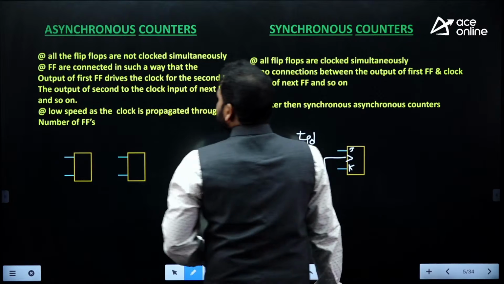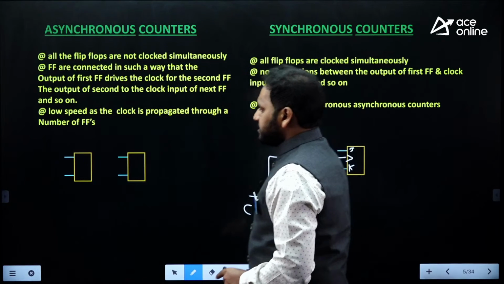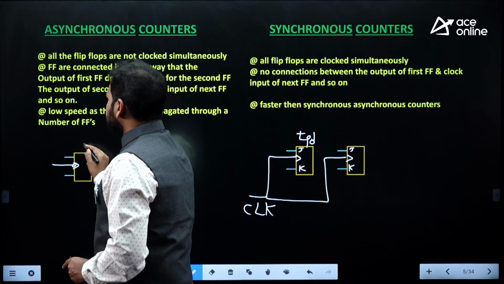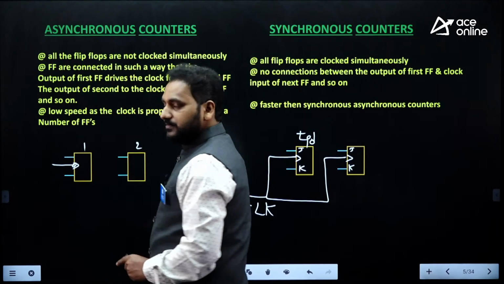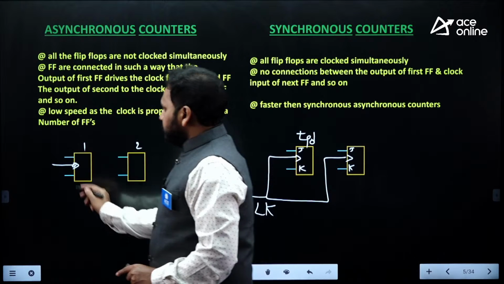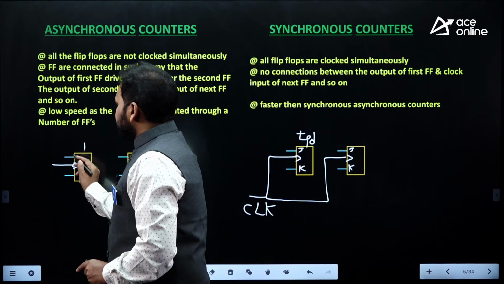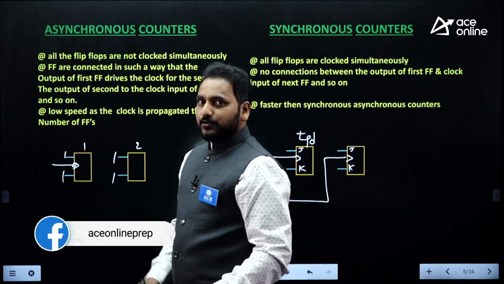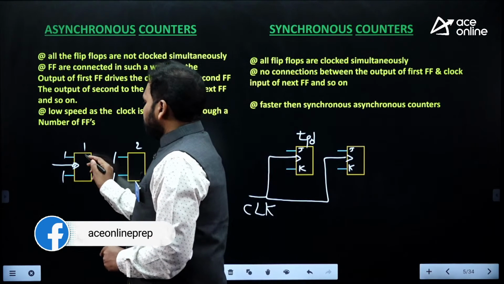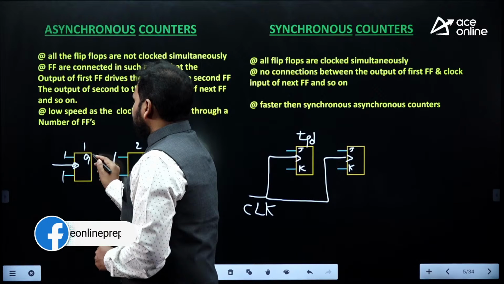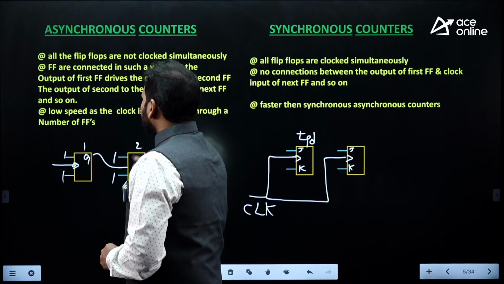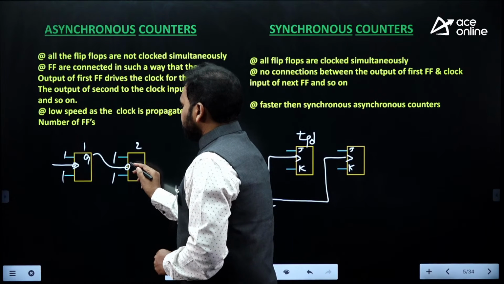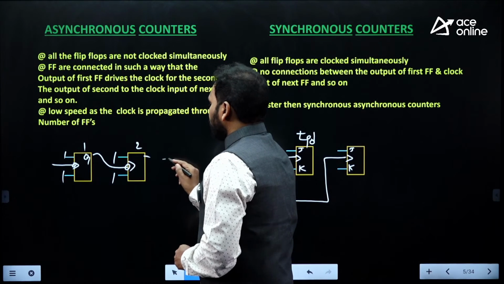But in asynchronous counters, it is not like that. We are going to provide the clock to the first flip-flop. Let us say it is the first and this is the second flip-flop in the counter. So assume it is JK with 1 and 1. Sir, why should I connect 1? I will let you know. But the output of the first flip-flop is acting as the clock for the second flip-flop, so the output of the first flip-flop is driving the second flip-flop and so on.